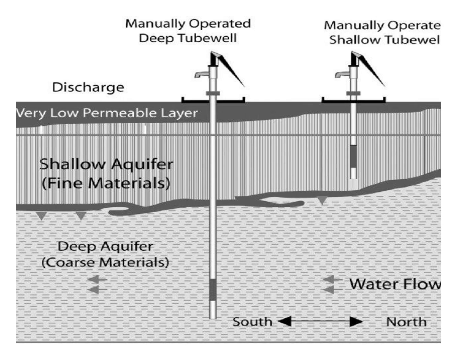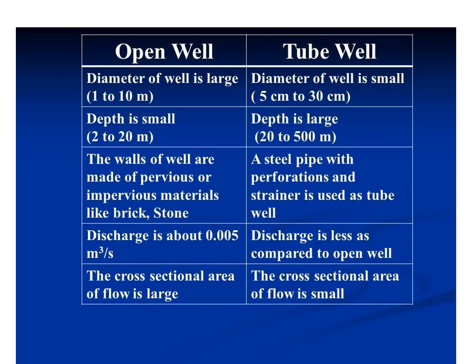This is the picture of the tube wells. One is shallow tube well, the other one is deep tube well. What are the differences between the open well and tube well? The diameter of the open well is 1 to 10 meter, then tube well 5 centimeter to 30 centimeter.